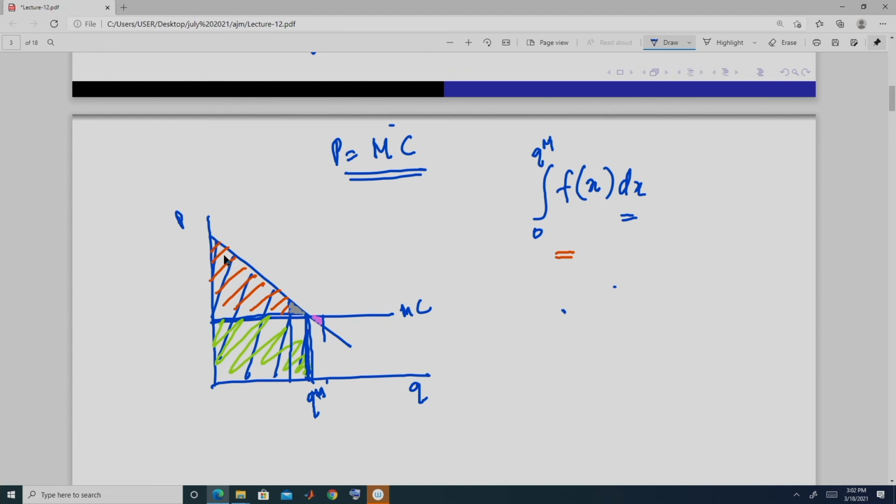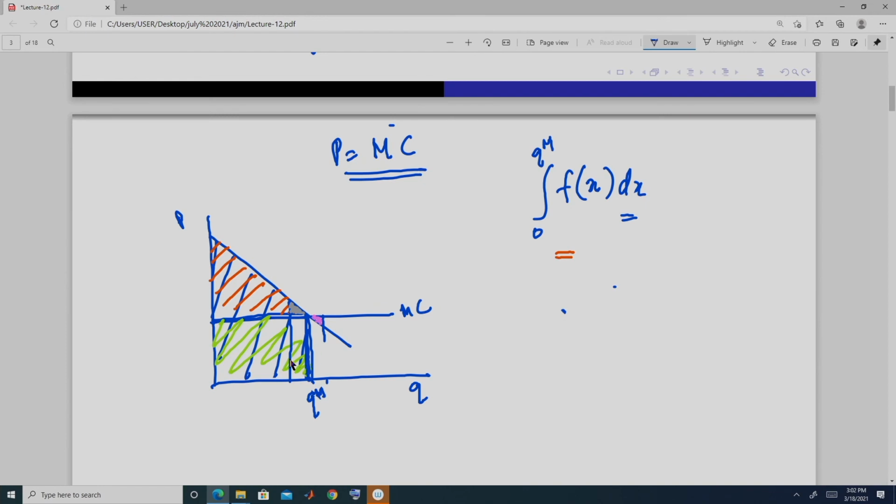So, here the monopolist is getting all the surplus, but if we want to make anyone better off here, then what will we have to do? We have to give some surplus from the monopolist to the consumer. So, if we want to make the consumer better off, then we have to hurt the monopolist.